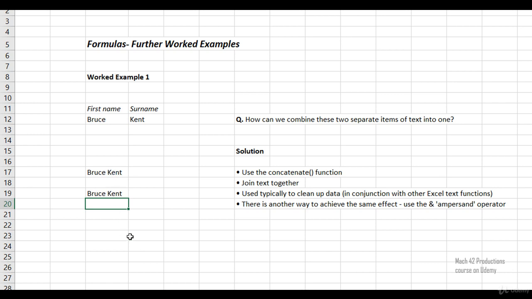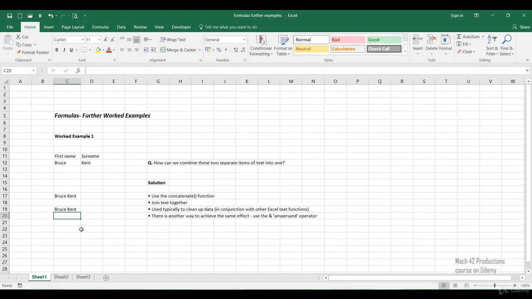So, which way is actually better, or what are the differences between these two? Well, between concatenate and using the AND symbol, there isn't actually any difference. You can use both of them. The only restriction is, with the concatenate function, you've got a limit of 255 entries that you could join together. But realistically, most people would never go that high.